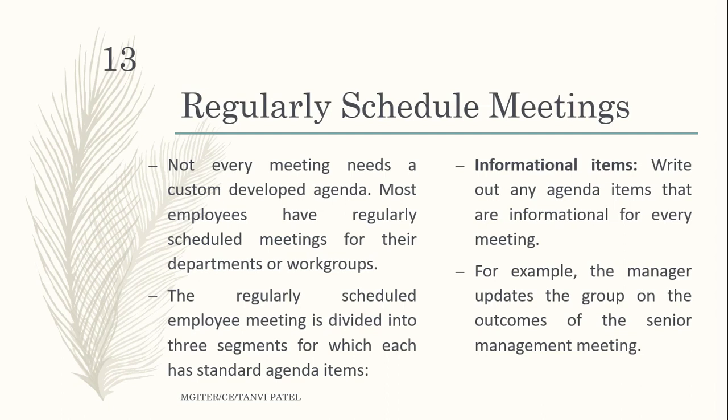First is the informational item. Write out any agenda items that are informational for every meeting. For example, the manager updates the group on the outcome of the senior management meeting. It means the manager updates the group on informational items before the meeting is held.